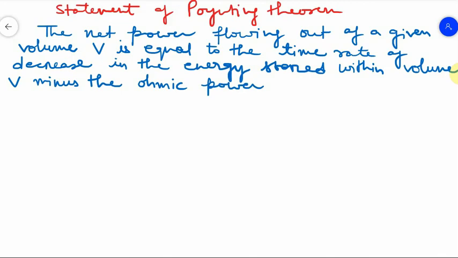Okay, so minus the ohmic power dissipated. Okay, so we will try to understand this through a diagram.